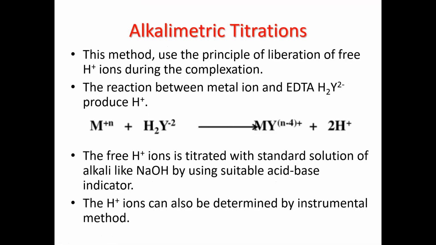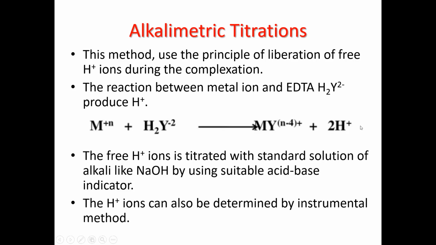Then we have alkalimetric titration, another type of EDTA titration, which operates using the principle of liberation of free hydrogen ions during complexation. An example is the reaction between a metal ion and your EDTA to produce free hydrogen ions.